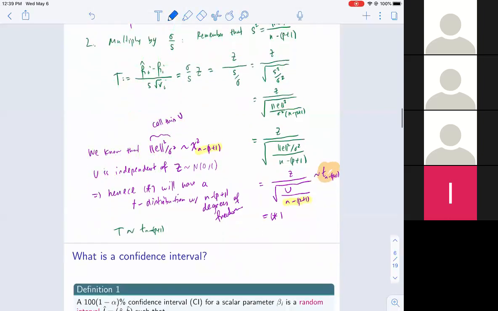The reason is that U is a function of e, Z is a function of beta hat, and e is independent of beta hat. That's the argument there.